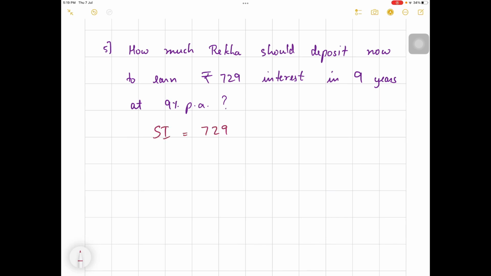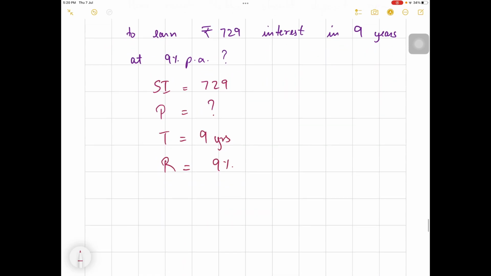Simple interest is 729. The principal you don't know, and principal you are supposed to find. Period is 9 years and R is given as 9% per annum.